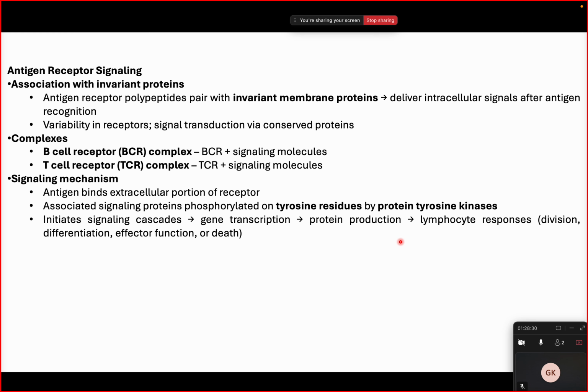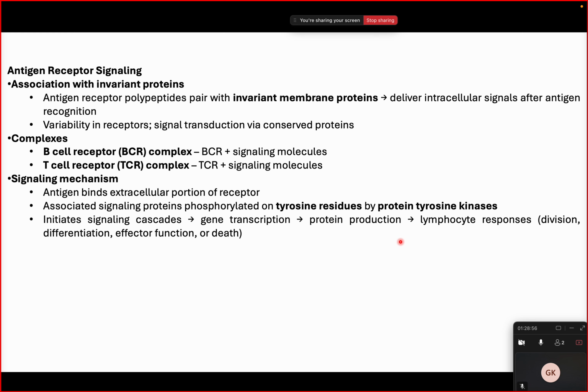Then only the cascade of events can take place. Okay. And the same goes with the T cell receptor. So the mechanism of signaling is: antigen binds the extracellular portion of the receptor, because the receptors are on the surface. Associated signaling proteins are phosphorylated on tyrosine residues by protein tyrosine kinases. This is one way of signaling.